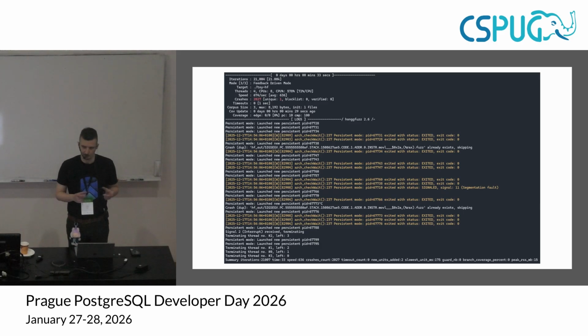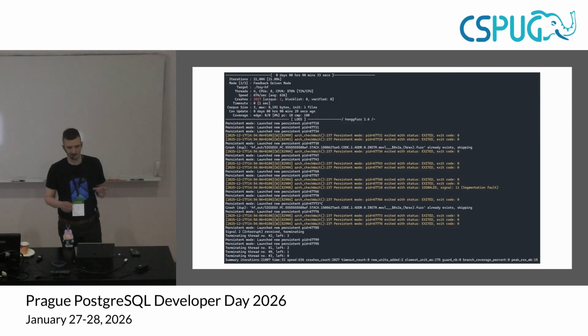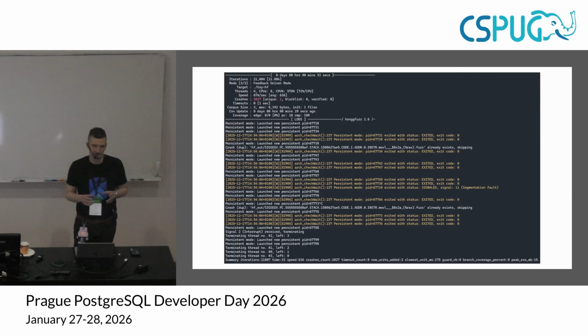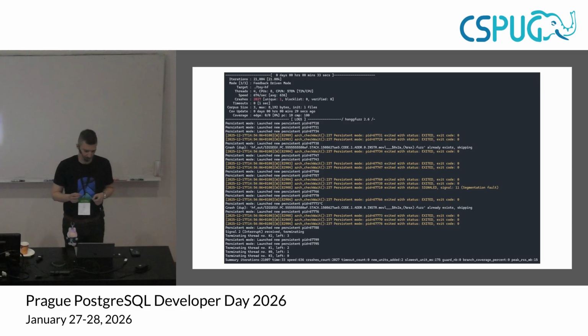So in the past, AFL was single-threaded. There is a new version of AFL called AFL++, and also a new library called libFuzzer, and both of them now support persistent mode.